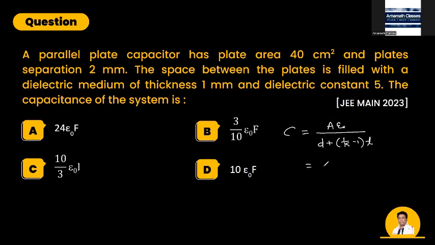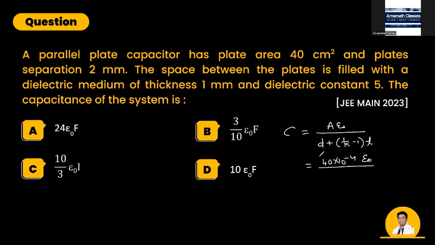If I put the values, area is 40 centimeter square, so 40 into 10 to the power minus 4, then epsilon naught.